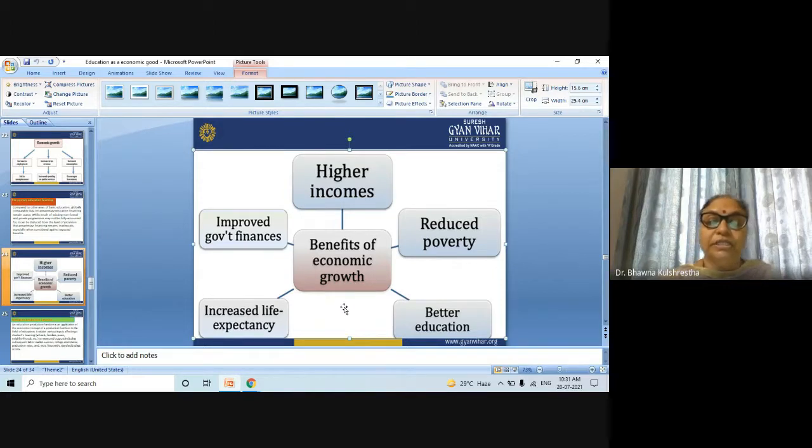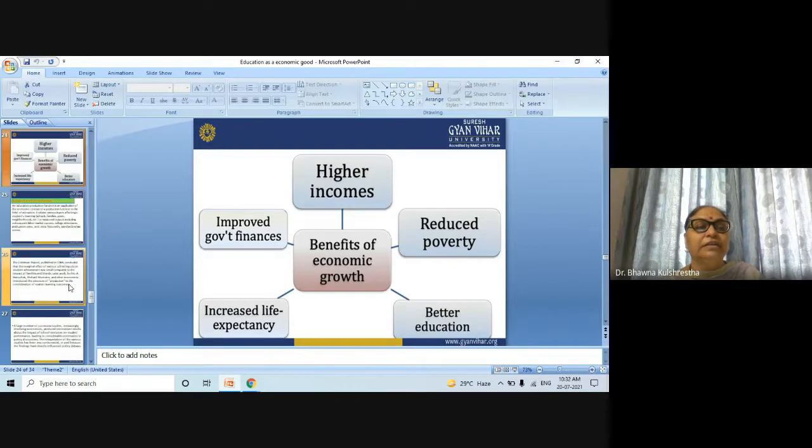When economic growth is high, there is better education, reduced poverty, higher income, improved government finances, and increased life expectancy. These are the benefits.